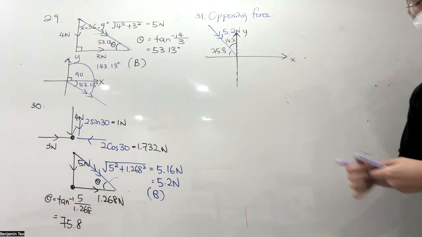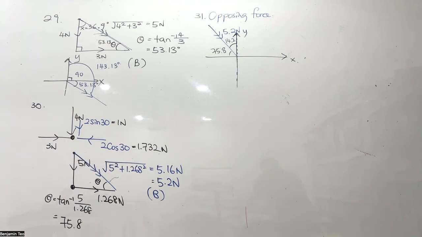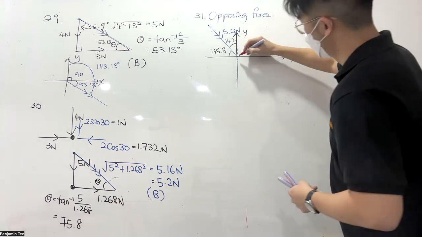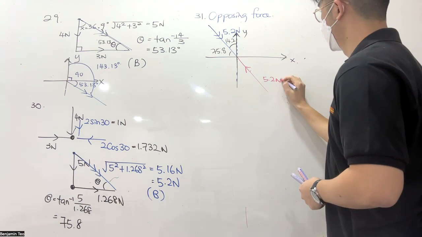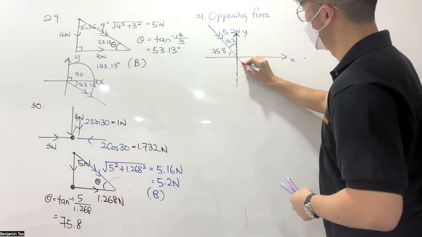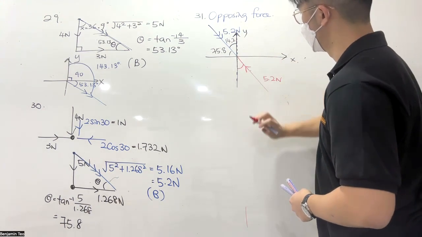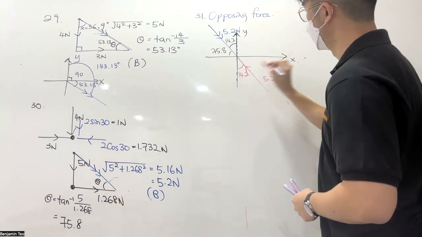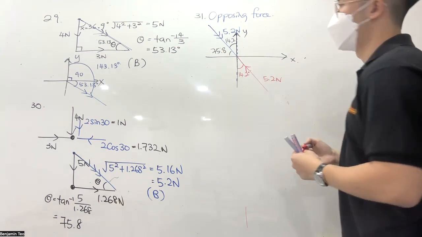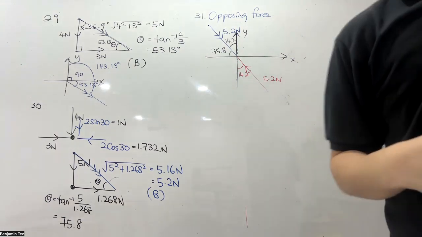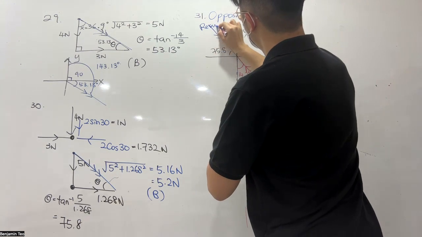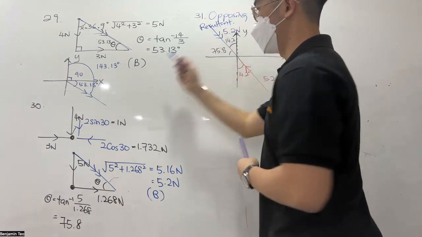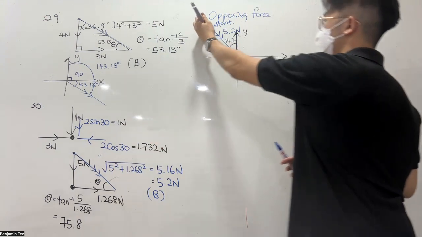Okay, so I need another force of 5.2. This one angle here, this one angle here, 14.2. Balance it. Right, this is my resultant. When your system is unbalanced, like in this question, you have a resultant here.